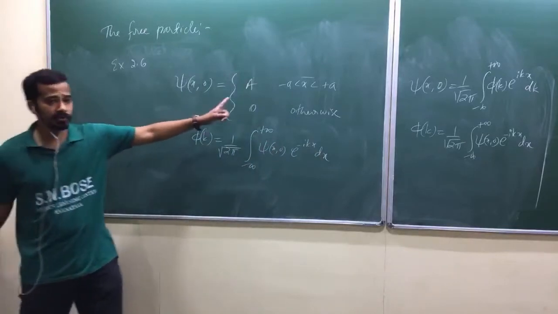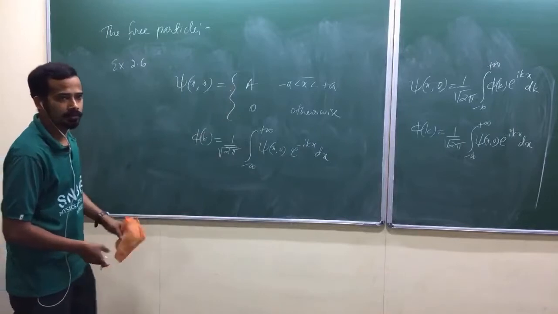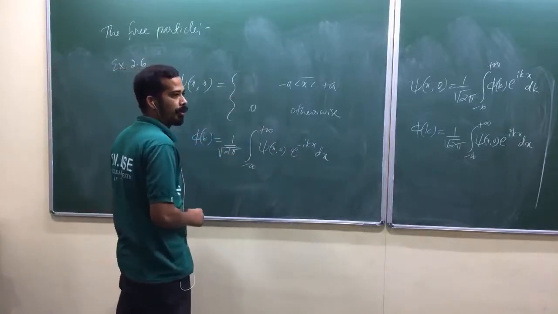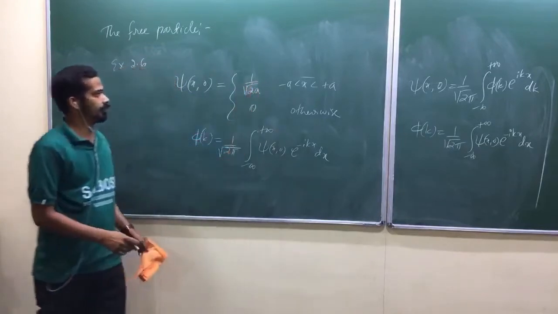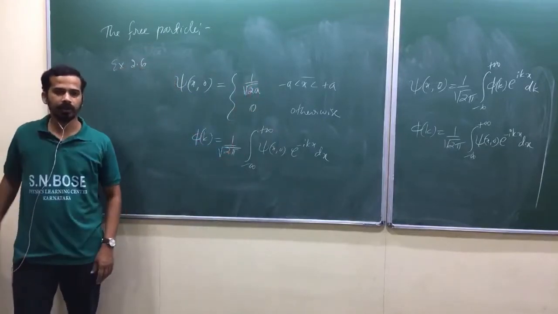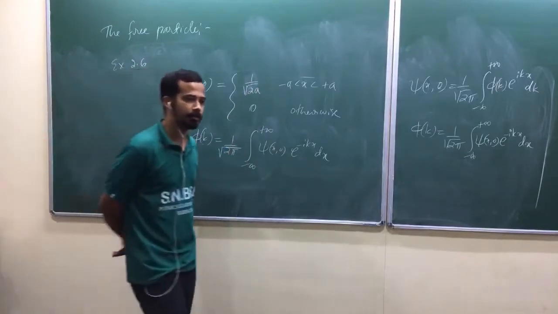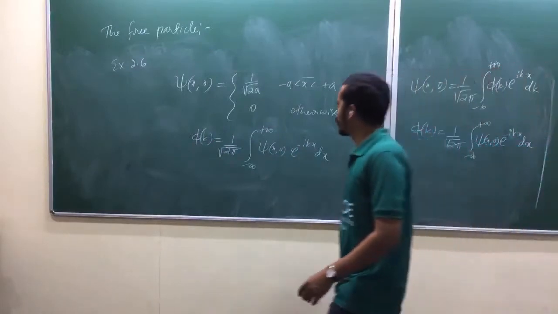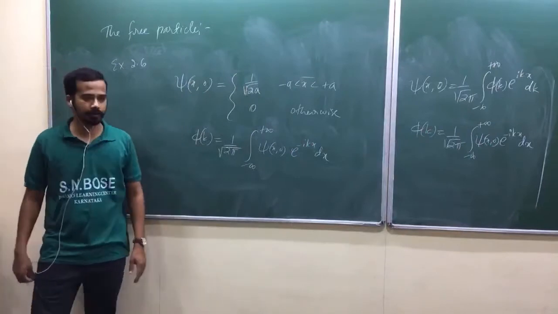Can you normalize this? This is normalizable. Normalization gives 1 by root 2a. Check this out: psi star into psi, integrated dx from minus a to plus a gives 2a, so 1 by root 2a. Okay, I just normalized that. Do the normalization later.